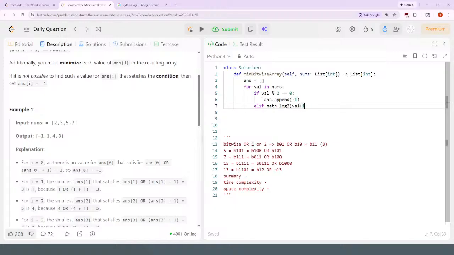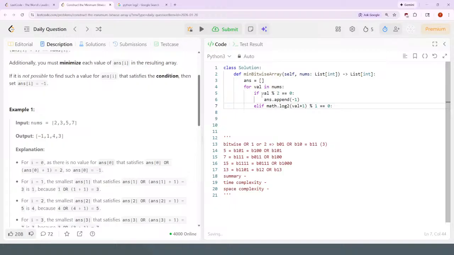We could also just do 2 to the power of this and check whether or not it's equal to 0.